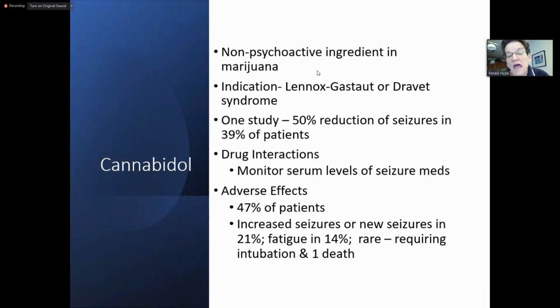Cannabidiol is a non-psychoactive ingredient in marijuana. The indication for it is for patients that have Lennox-Gastaut or Dravet syndrome. These are people that can have as many as 200 seizures a day.